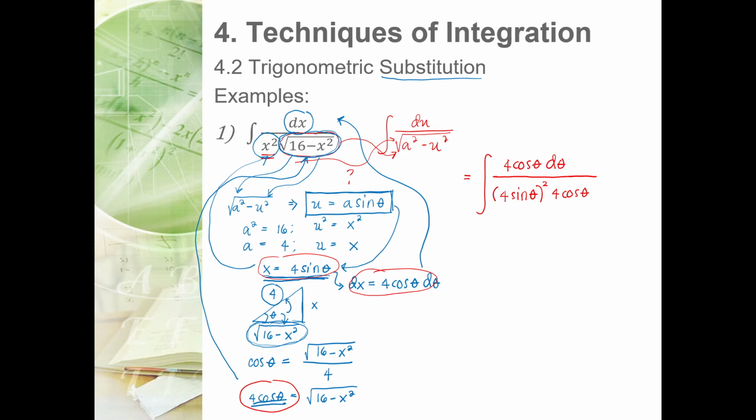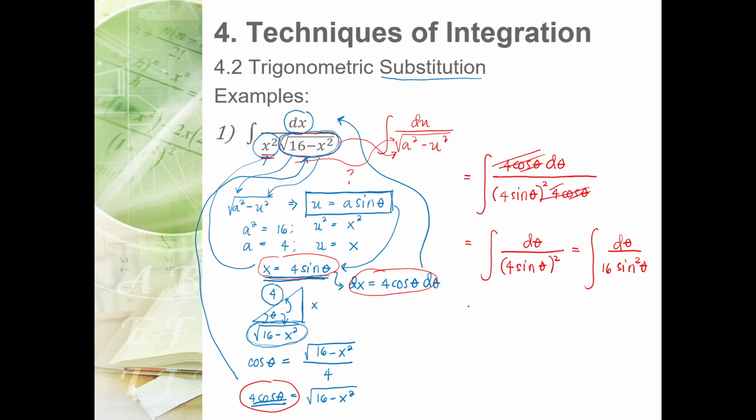Notice that we can cancel out 4 cosine theta. What's left in the equation is d theta all over 4 sine theta squared. Or if we simplify this, this becomes d theta all over 16 sine squared theta.